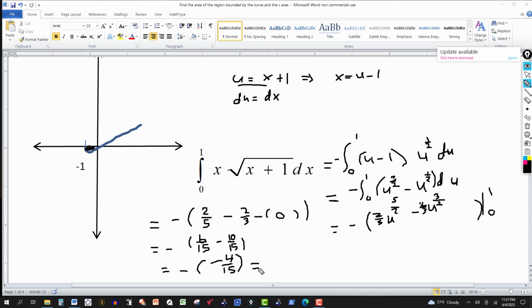And times the negative, we get a positive area, 4 over 15. So the area of the region bounded by the function and the x-axis is 4/15 square units. Now I could have transformed everything back to x and used the original limits from negative 1 to 0, and it would still work out. Thanks for watching, and we'll see you next time.